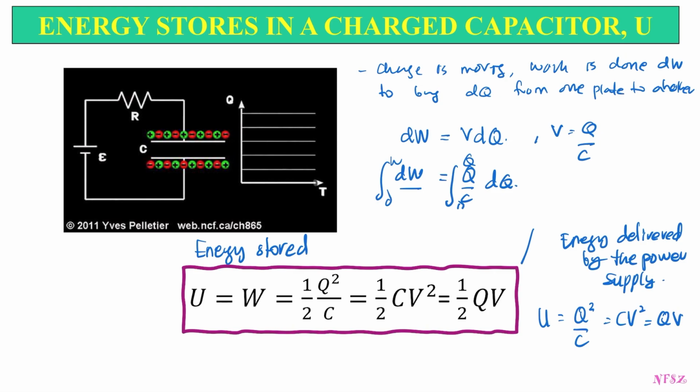Sebab power supply bagi work, tapi dia lalu wire, lalu resistor lah. Sebab ada loss of energy in the wire. So daripada power supply nak sampai capacitor ni, ada energy dia hilang. Basically setengah je lah yang sampai kat capacitor. Sebab tu energy stored in the capacitor ada half. So formula ni depends lah soalan bagi apa, you can use any of it. Okay, thank you.